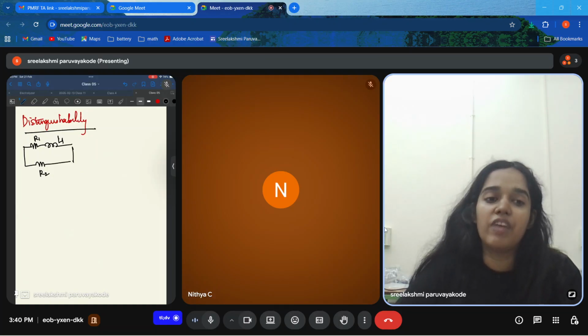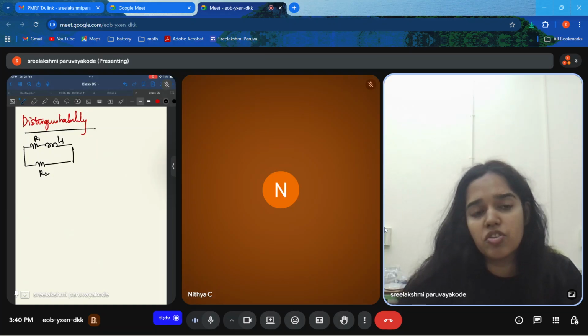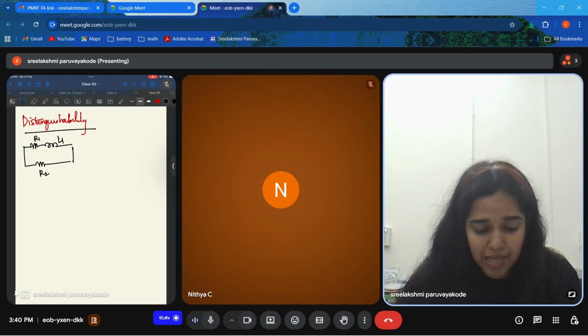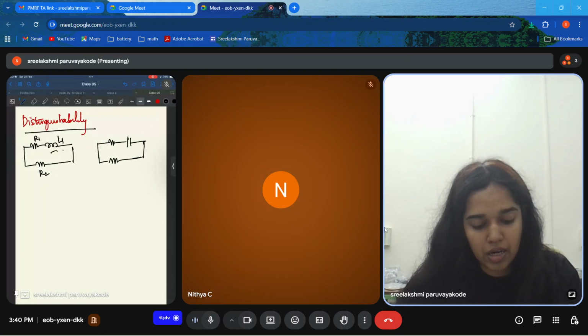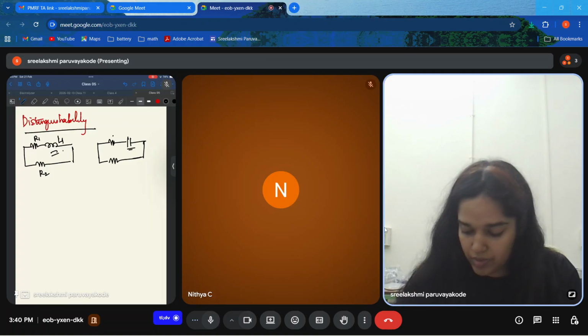We already saw that if we have an inductor in the circuit, it can still be fitted using an RC circuit. The only thing is we should allow the R and C values to become negative. So the same thing can be fitted using a capacitor in parallel to R1, and then another resistor. Just replacing this inductor with this capacitor, we are able to fit the same circuit.